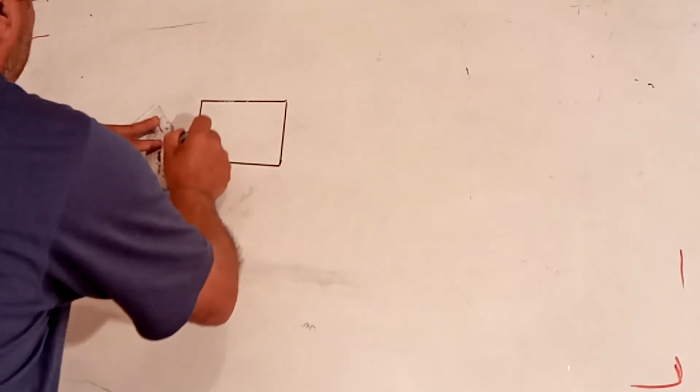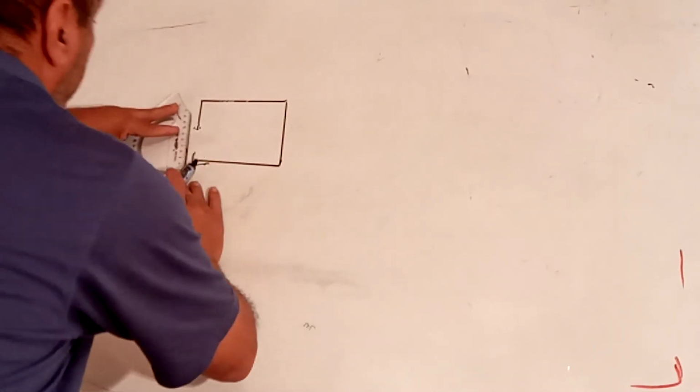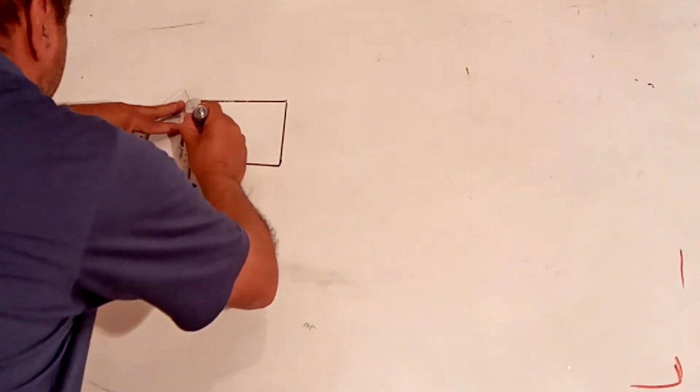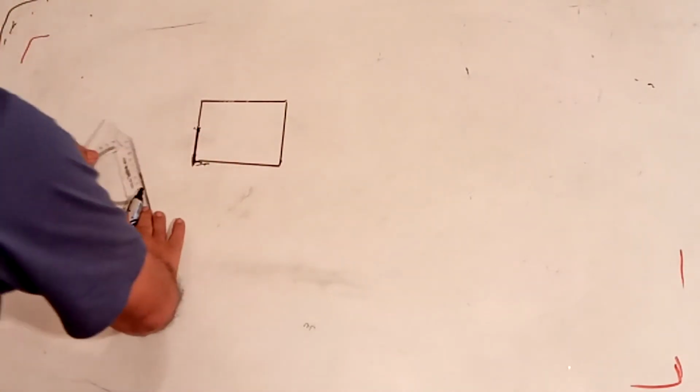This is a square. Okay, we have a square here.